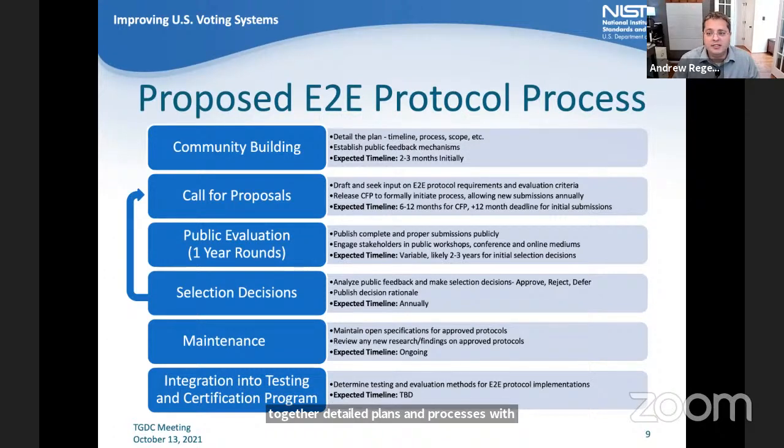Like NIST processes, the proposal includes an open call for proposals that would outline end-to-end protocol requirements and evaluation criteria. The submitted proposals would undergo multiple rounds of review in public, where we would engage stakeholders at workshops, conferences, and online fora. And in this process, NIST and the EAC would act as that impartial authority, assessing the candidates and the public feedback against the evaluation criteria and requirements.